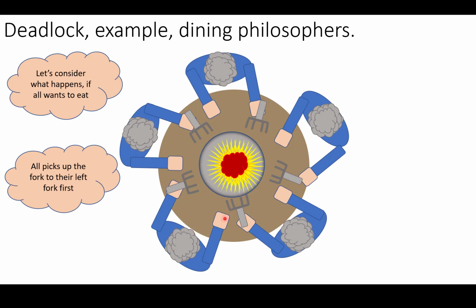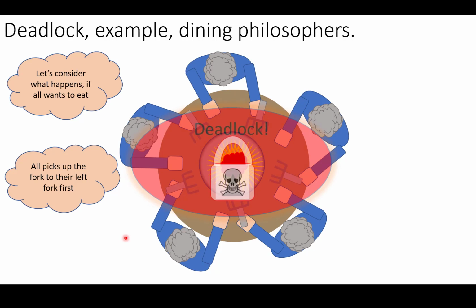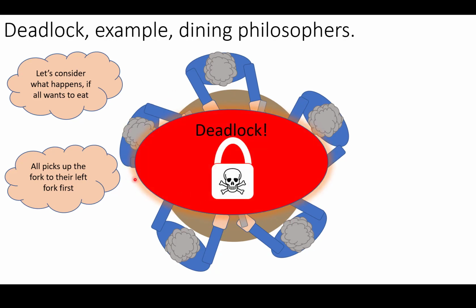But this guy will only put down his left fork when he's done eating, and he's waiting for that guy to finish eating, which is waiting for that guy to finish eating, and so on. So they're waiting for each other all over again, and there's no progress. They're all just sitting with 1 fork in their hand, waiting for someone else to put down their fork, and they're going to wait forever. So we have ended up in a deadlock once again.